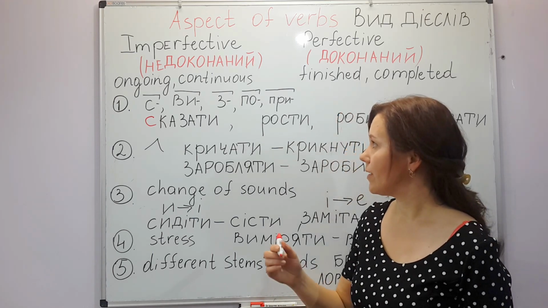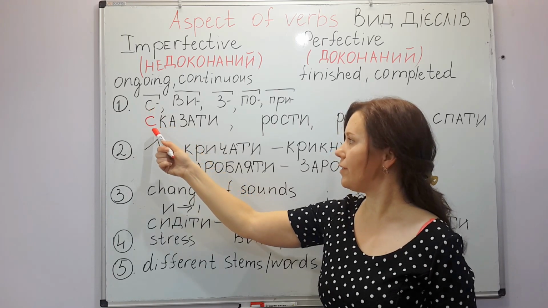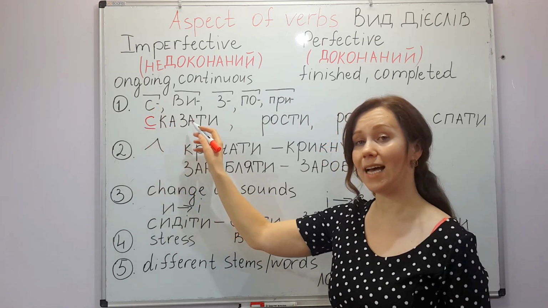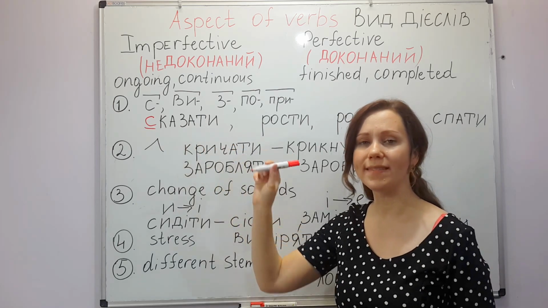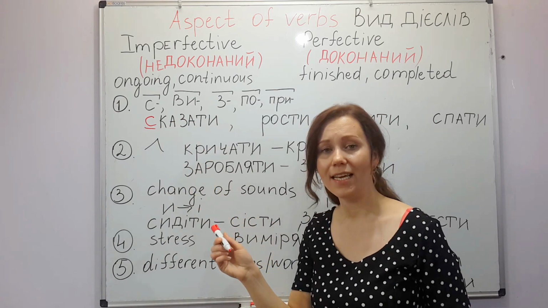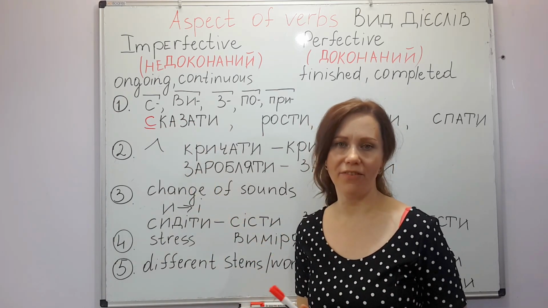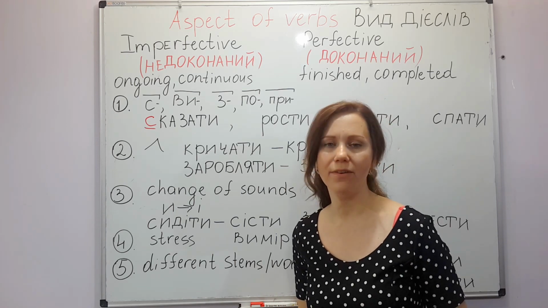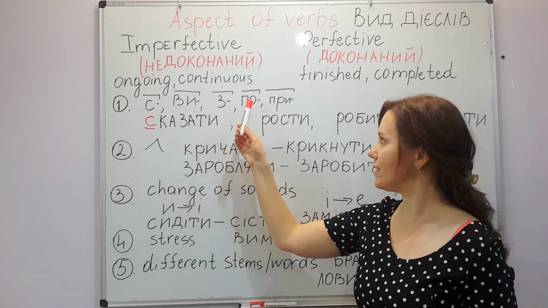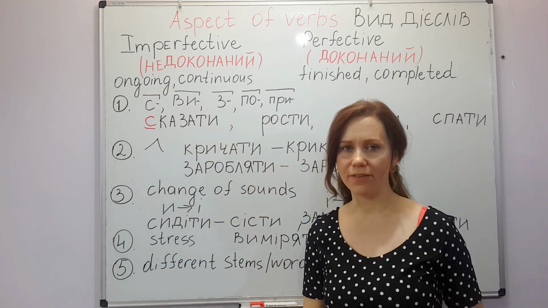For example, if we add с in front of казати, to say, we get сказати, which is also to say, but сказати is a verb of the perfective aspect. Here we have a list of the most frequently used prefixes.